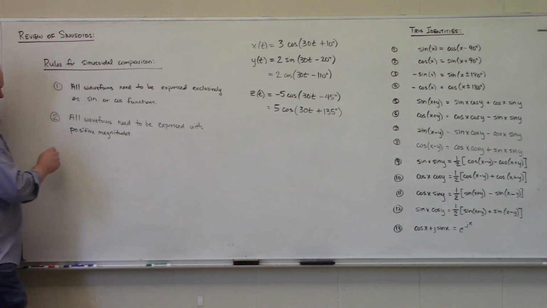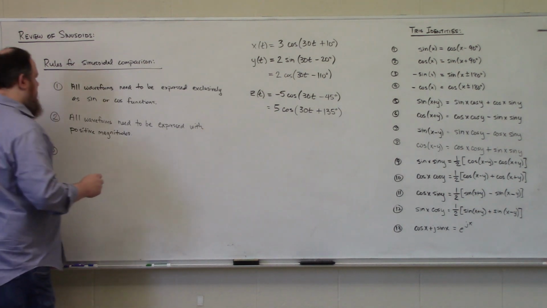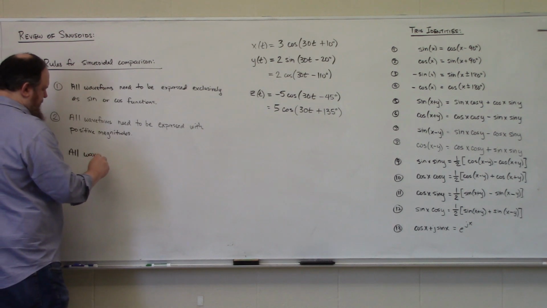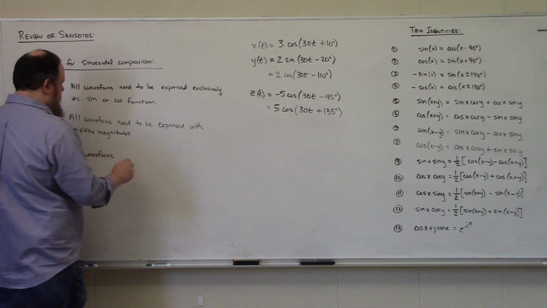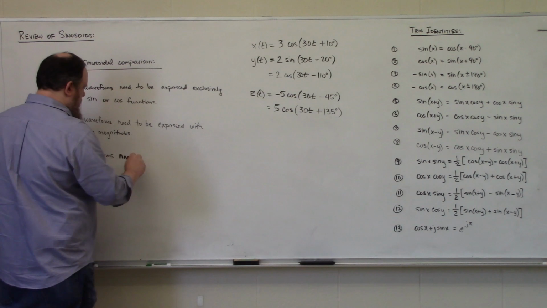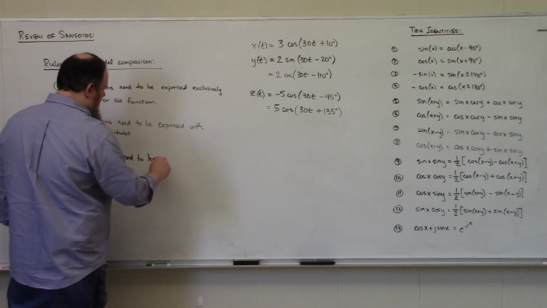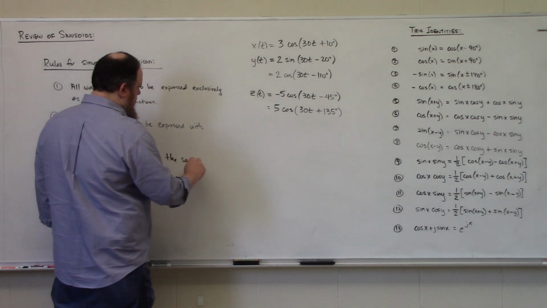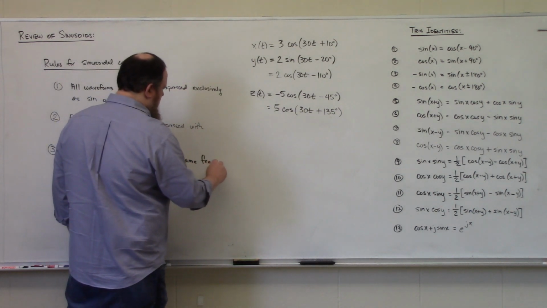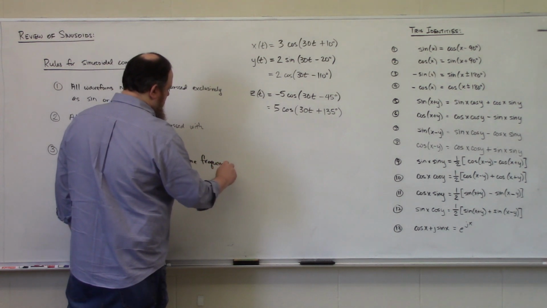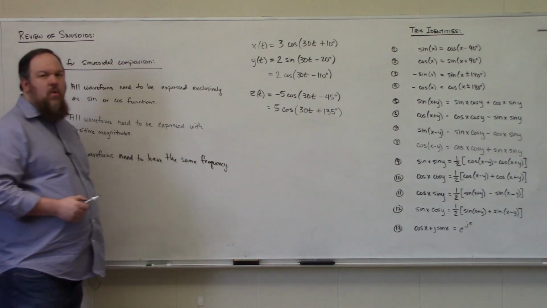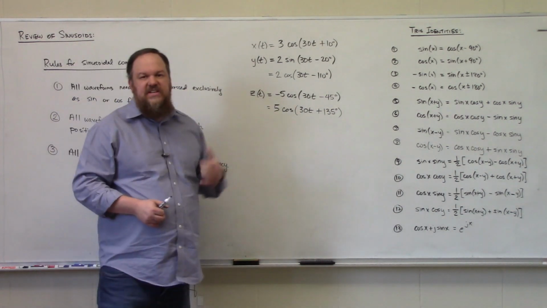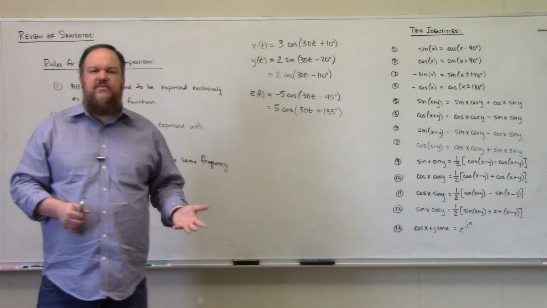The last rule is that all waveforms need to have the same frequency. Now, there is no trig identity that's going to allow me to change the angular frequency or the linear frequency of a sinusoidal function.